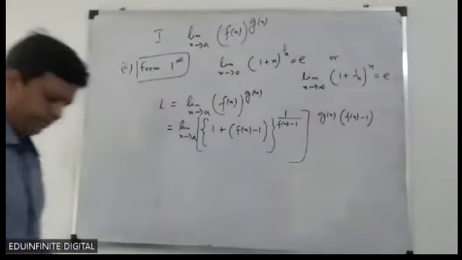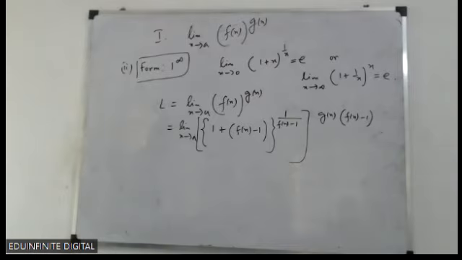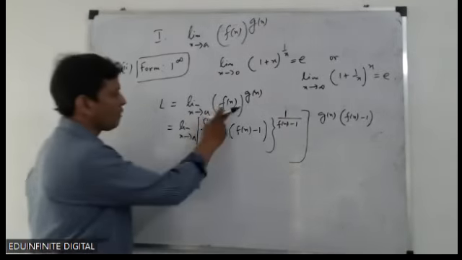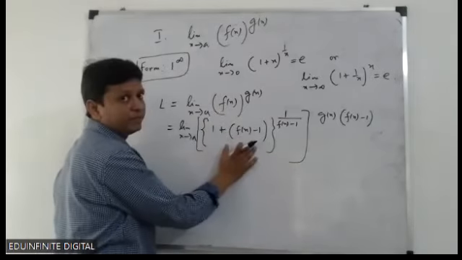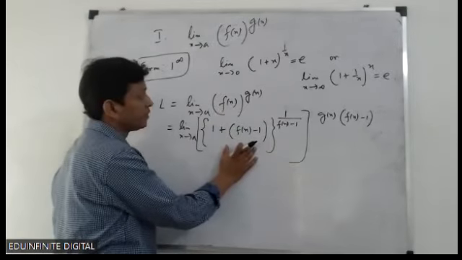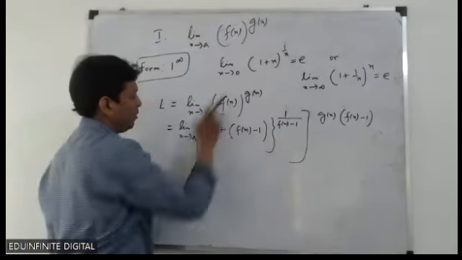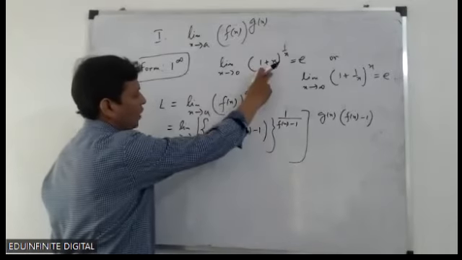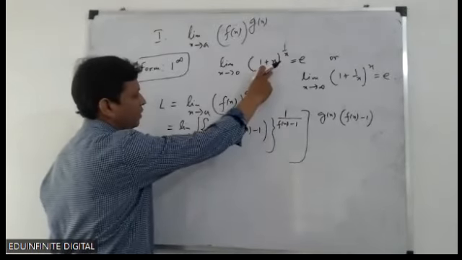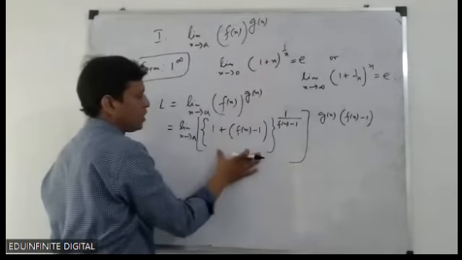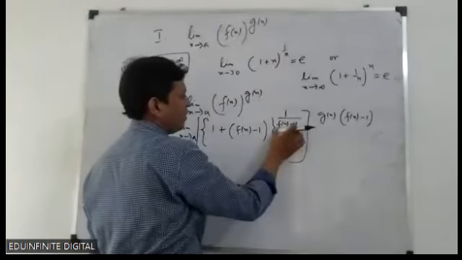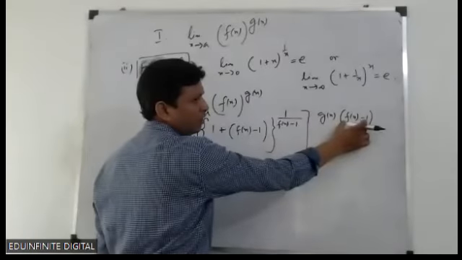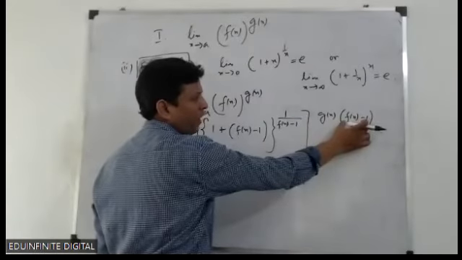Here you have f(x). So I am writing 1 plus f(x) minus 1. I want this one because I try to find out this limit. So I am writing this f(x) minus 1 to nullify.